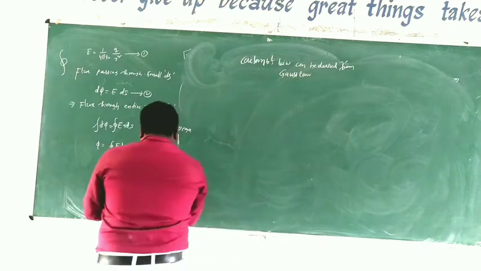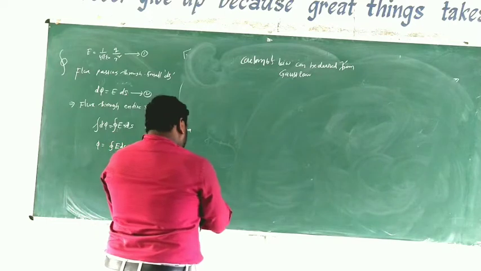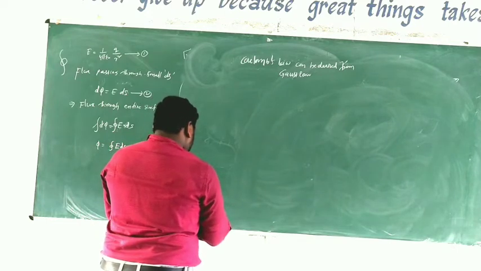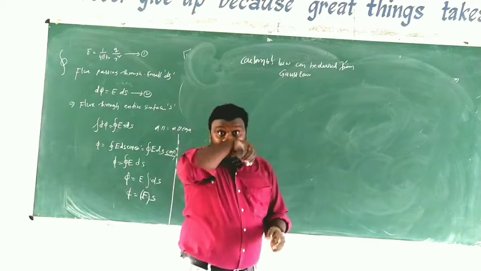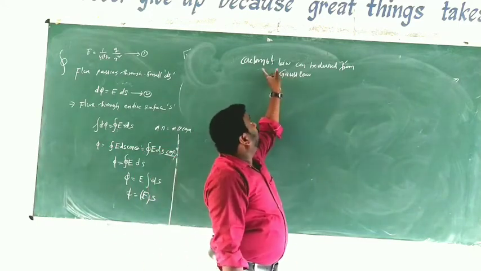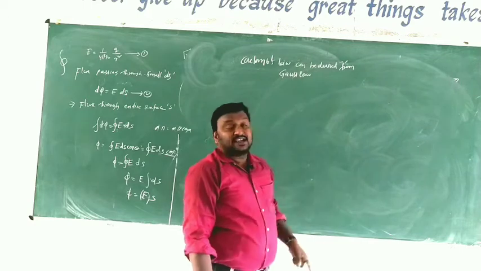So how can we derive that? Just see here. Again the same example, children. Now I am going to discuss how Coulomb's law can be derived from the Gauss law.